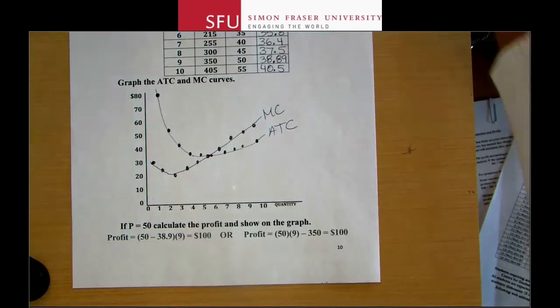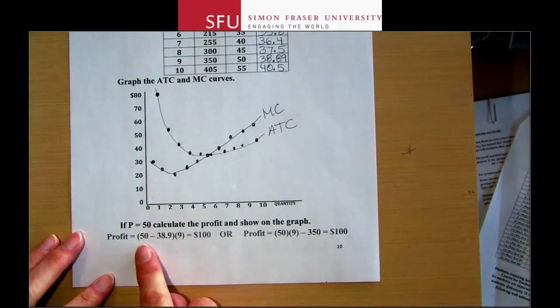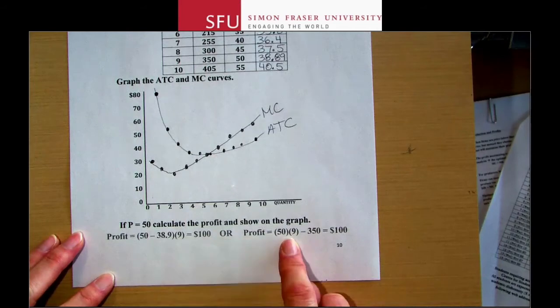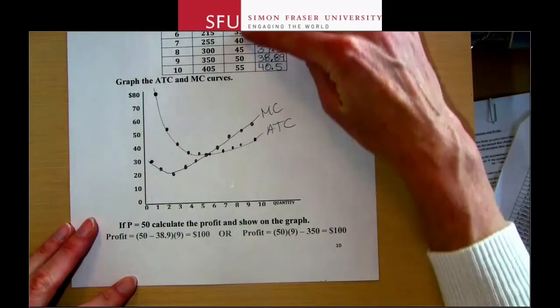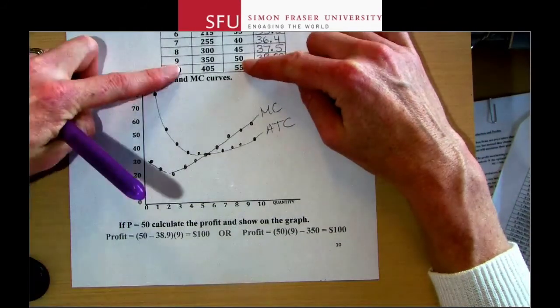Okay, and then the profit, which I've already got down here. So the calculations are down here already at the bottom. If the price is 50, you find out where the price equals MC, that will be at a quantity of 9.